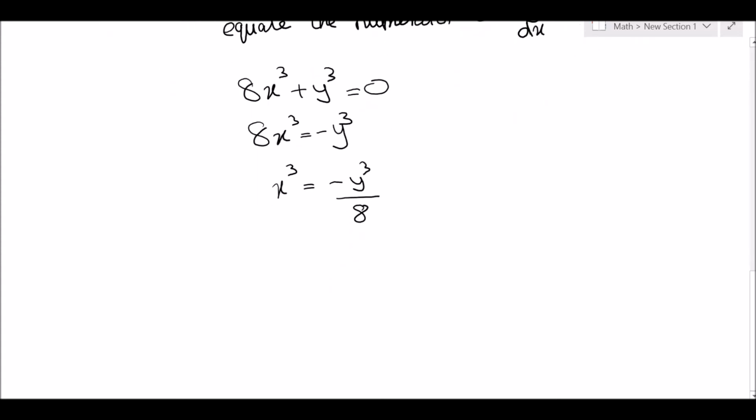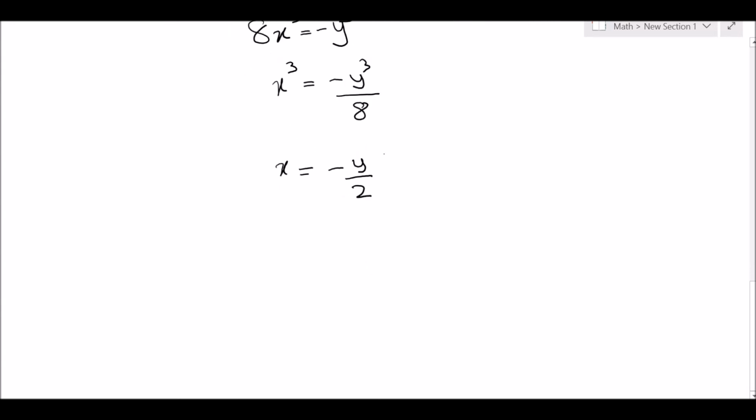Now once we take the cube root, we will get x equals minus y over 2, and now we're going to have to substitute our x value into the main equation, the curve equation.